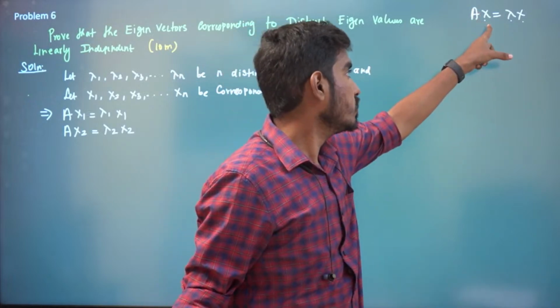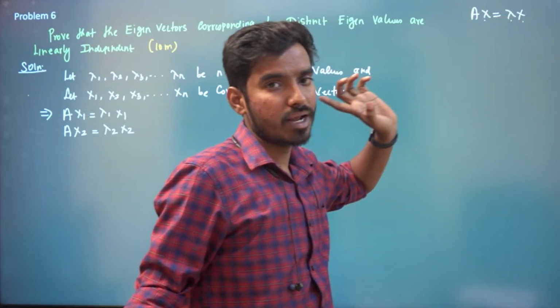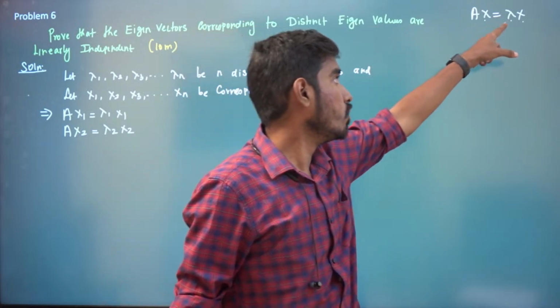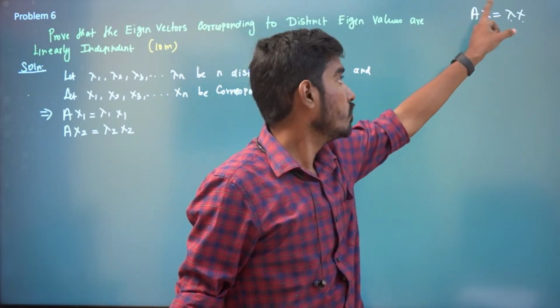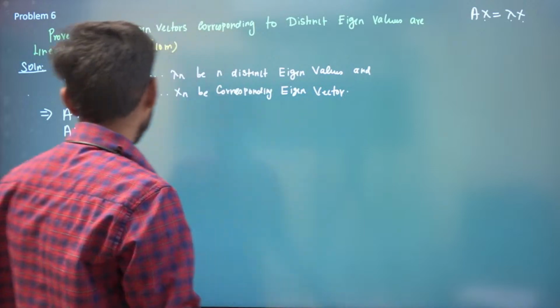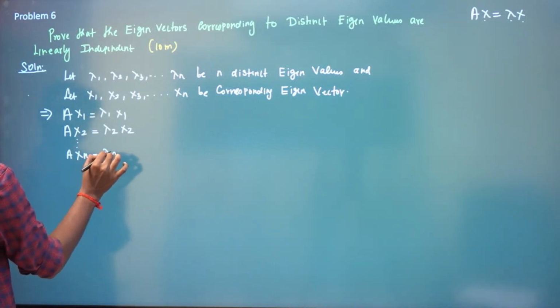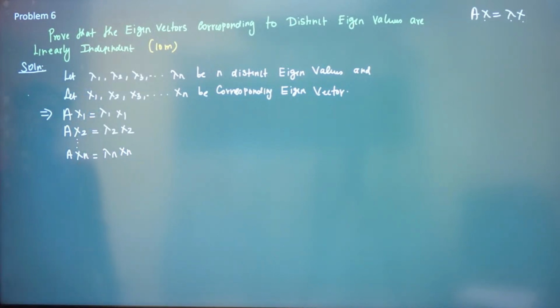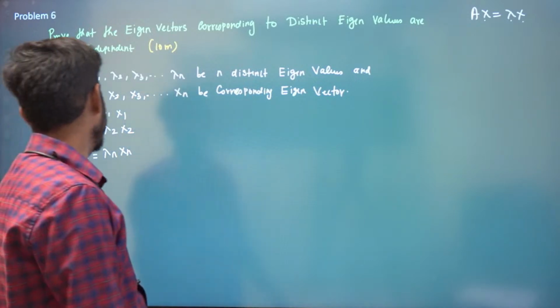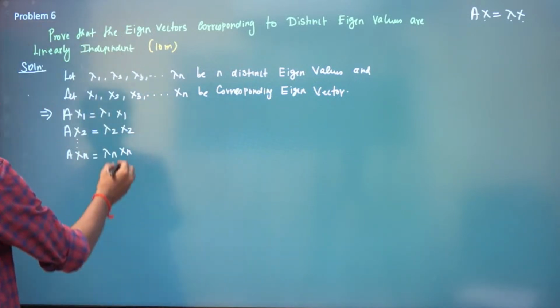For lambda 1, x1 is the eigenvector we have assumed. For lambda 2, x2 is the eigenvector, and so on up to xn is the eigenvector for the lambda n eigenvalue, right? Okay, this is by definition.